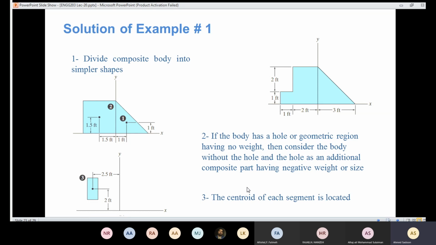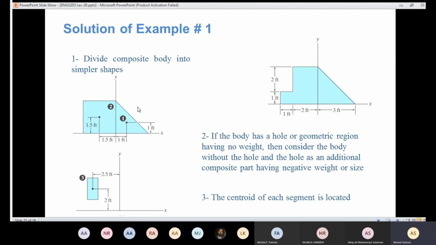Then we need to determine where the centroid of each segment is located. So here we have parts 1, 2, 3. We need to know the X and Y, the centroid for that part and that part and that part. Like I said in the beginning of this lecture, we know the centroid of a triangle and also the centroid of a rectangle. Here we have only triangles and rectangles.